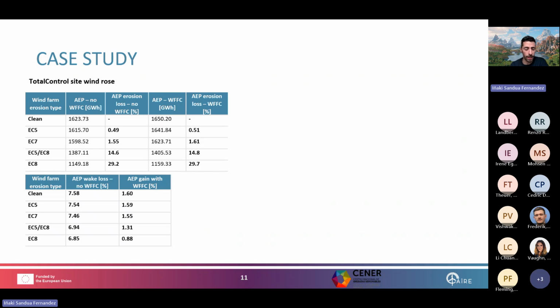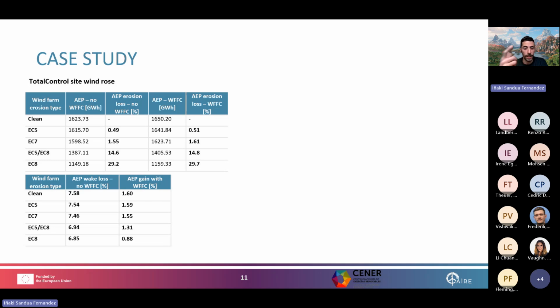And we can also see that, as I said before, as erosion does not only affect the power but also thrust, we see that the AEP loss due to wakes, which is in the table on the bottom, is reduced when erosion increases. Okay, in this case from 7.5 to 6.8. It's not a lot, but we see this trend.